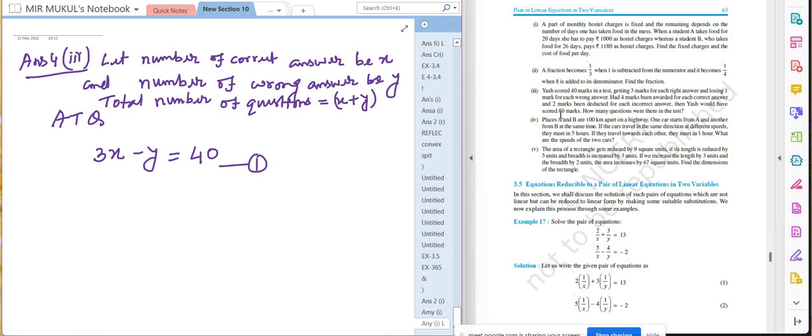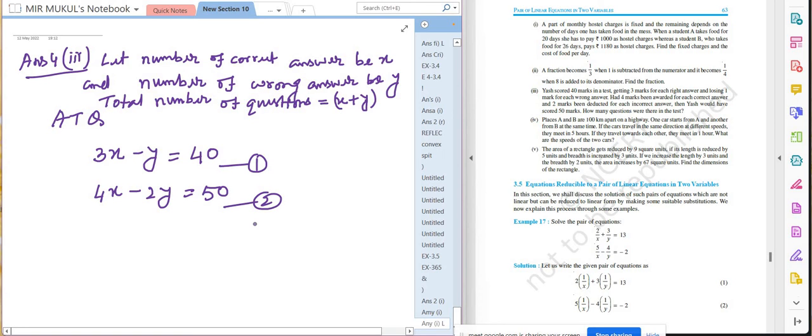And second condition, if 4 marks are awarded for a correct answer, 4x, and 2 marks are deducted for a wrong answer, that means 2y, that equals how much? 50. So this is the second equation.